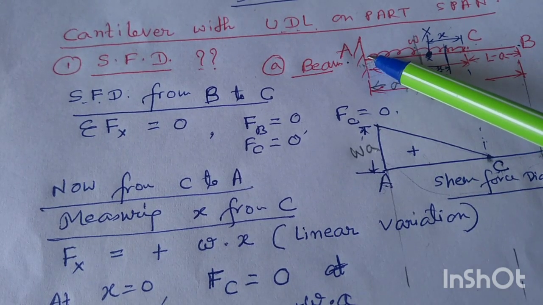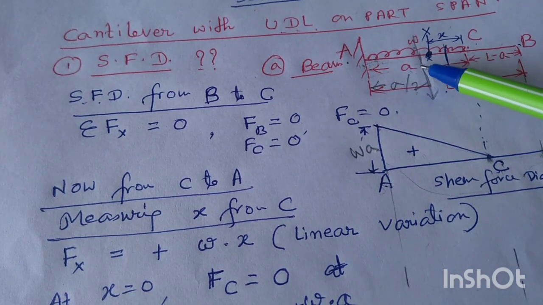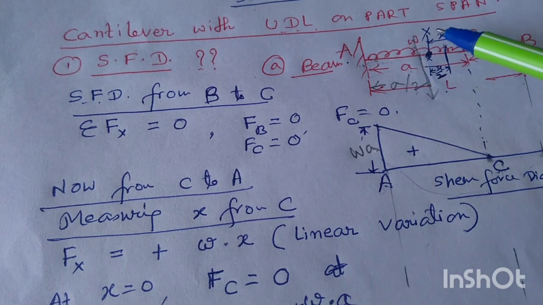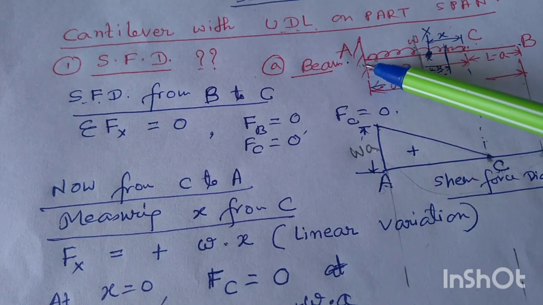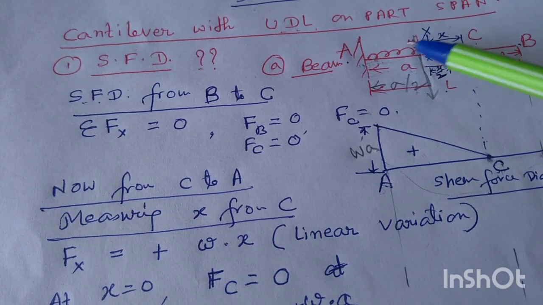What is the moment? Force into distance is the moment. Then what is force? W into A is the total load. And where is it acting? It is acting just A by 2, that is middle of the span AC.